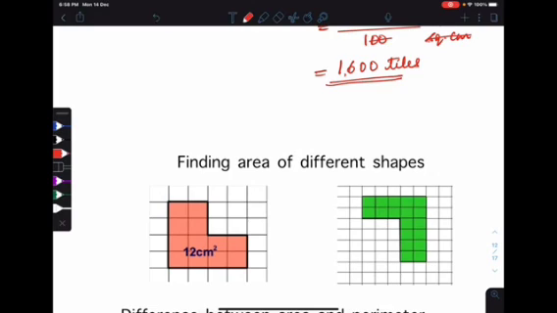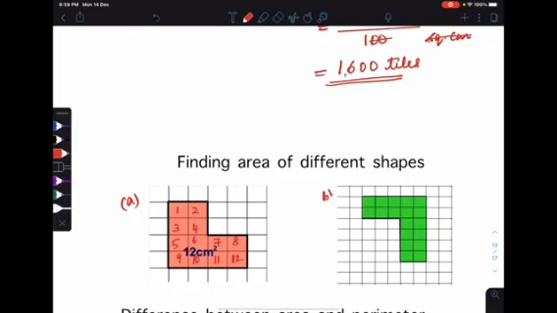Now there are two examples given here. See, the area of the first figure here comes up to 12 centimeters square. I'll tell you how. If you just number, there are 12 squares, so hence the area of this particular figure is 12 centimeters square.